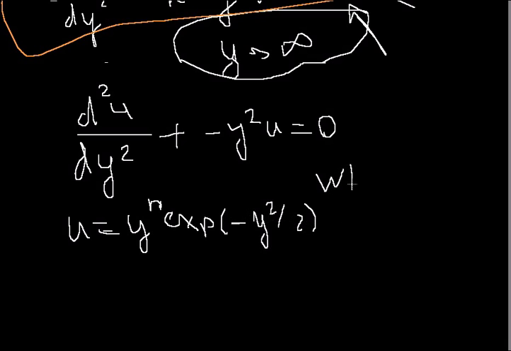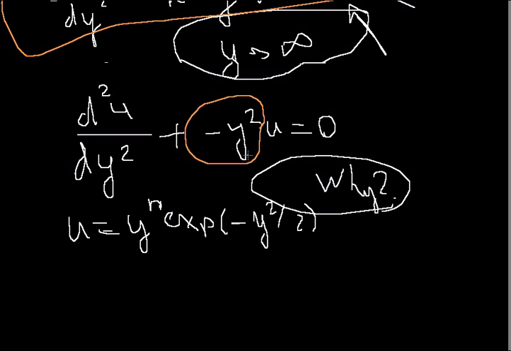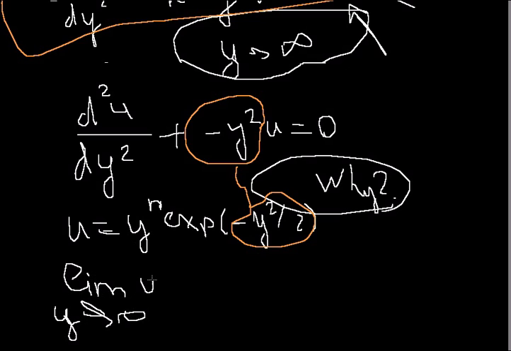And why do we look for the solution in this form? The question is connected with this term. In addition, the solution at infinity should converge to 0. I mean the limit of this wave function at infinity should equal 0.